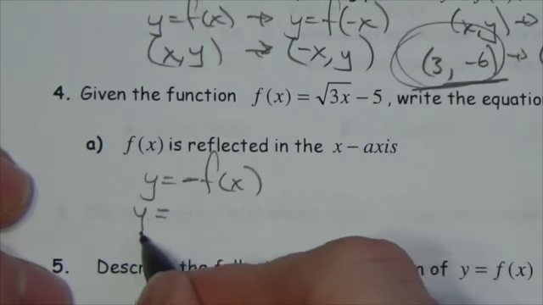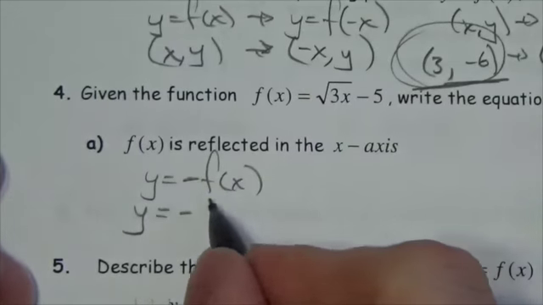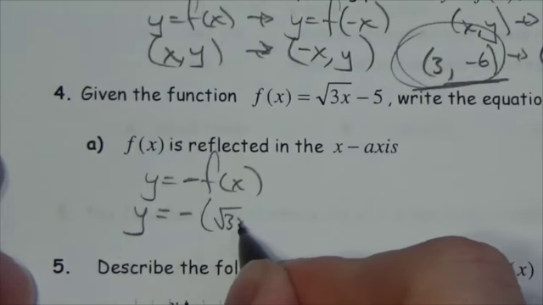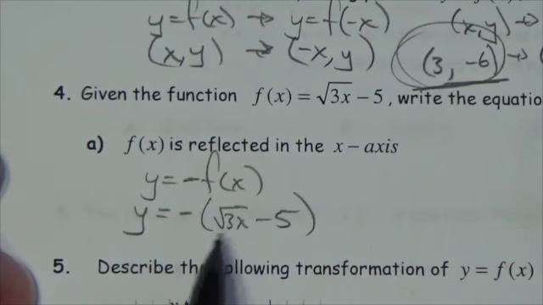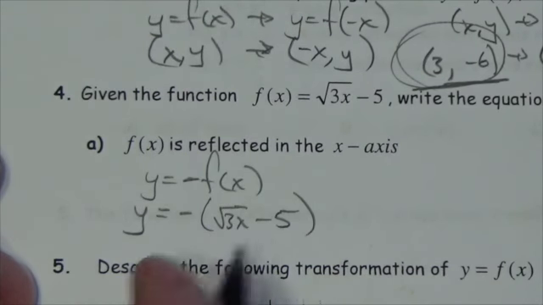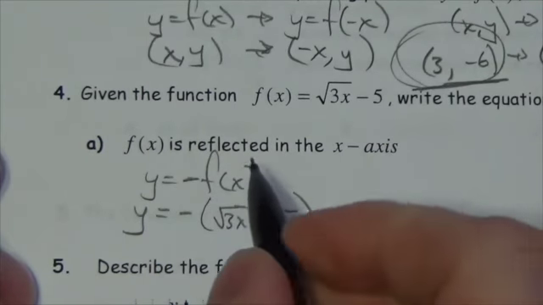Now, here's where you got to be really careful. F of x, okay, my function notation refers to both of these two terms here, not just the root of 3x here. So just putting the negative in front of that first term is not enough, because there is more to f of x than just that first term.